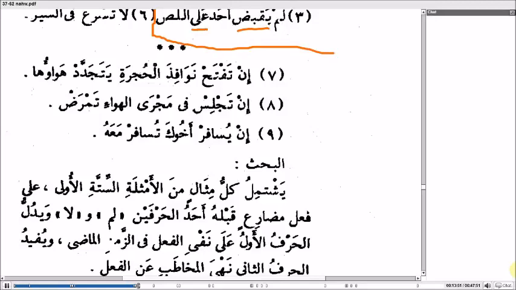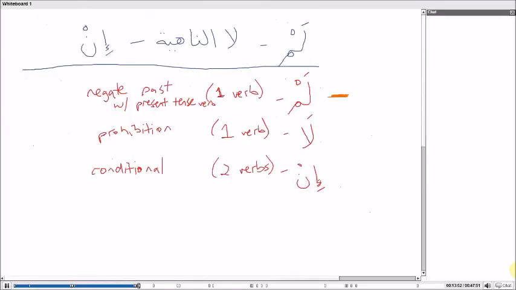Here we have la of an-Nahiyah, from Amr bil Ma'ruf wa Nahi anil Munkar, meaning commanding the good, prohibiting the evil. Nahi here meaning a prohibition.